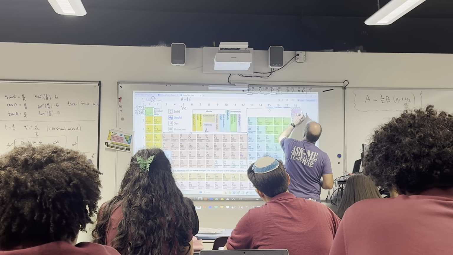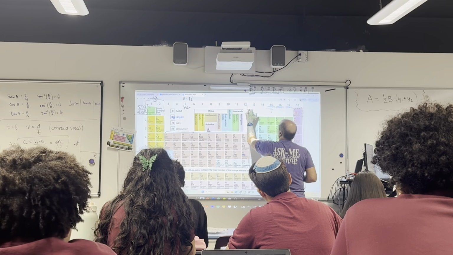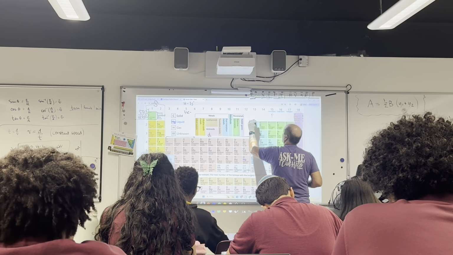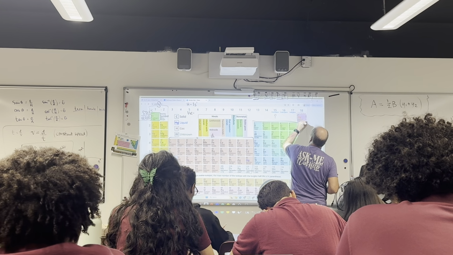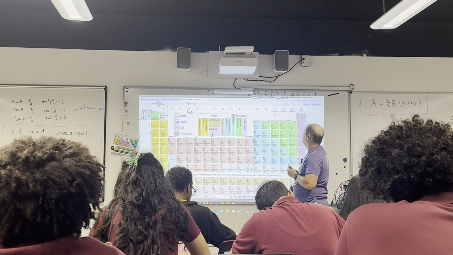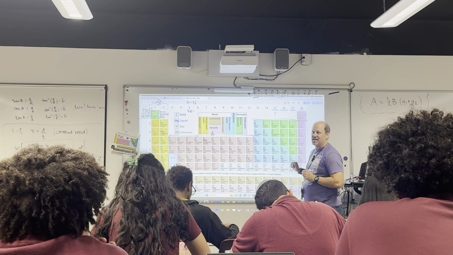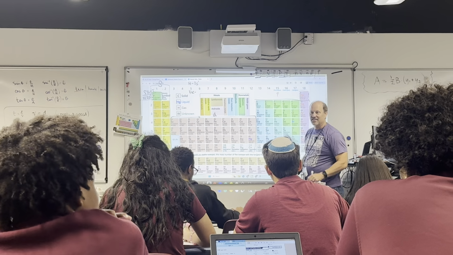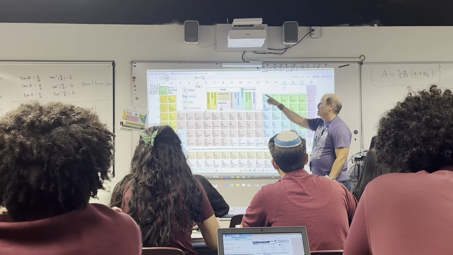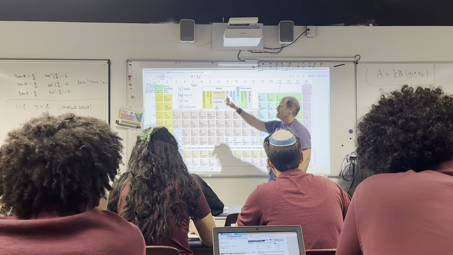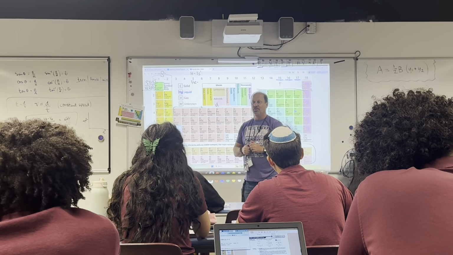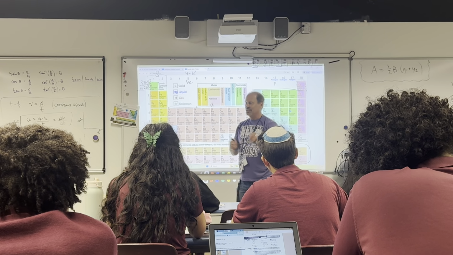I should probably redraw my p orbital so it does not include helium. Helium has a dotted line around it because it's in the s. So I bet you know helium's electron configuration. If hydrogen is 1s1, helium is what? Bingo.